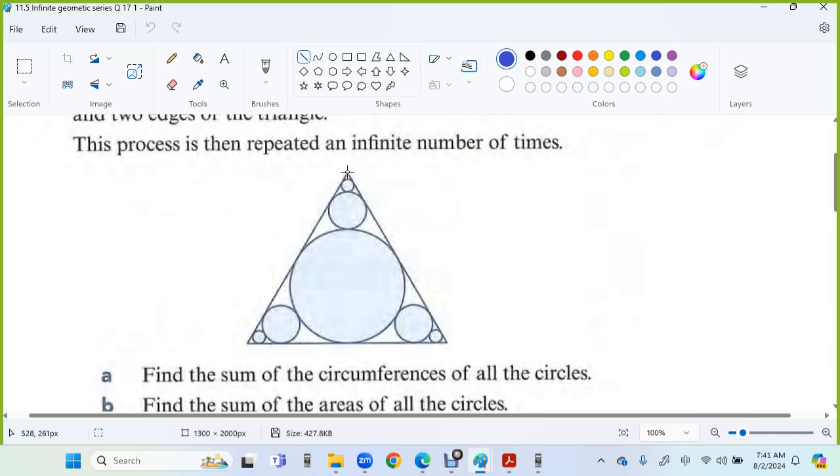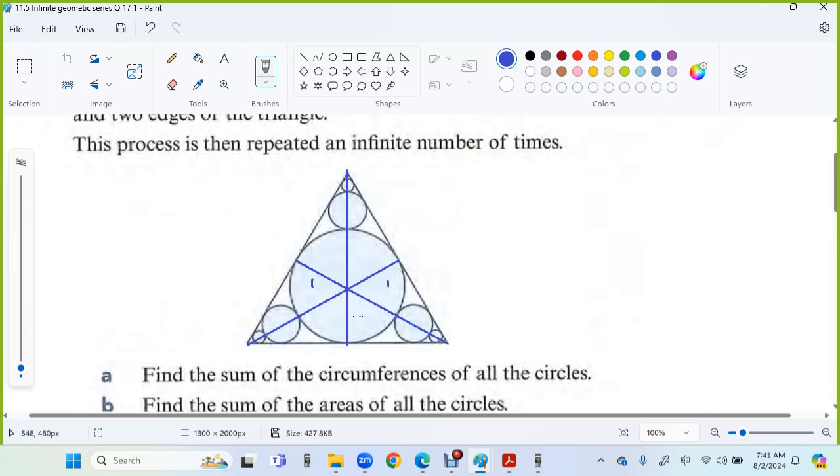So here, we look at this. We know that the radius here is 1.